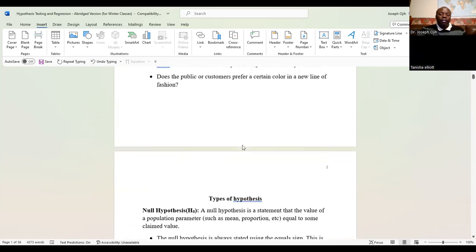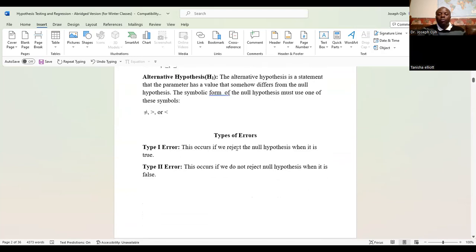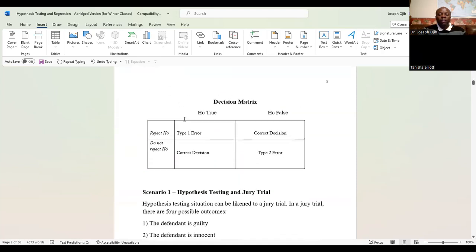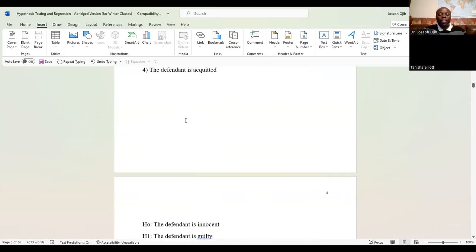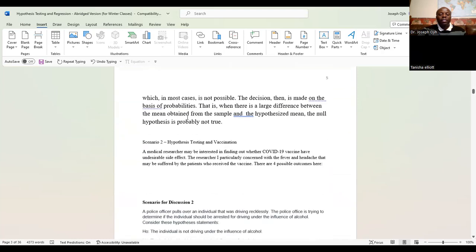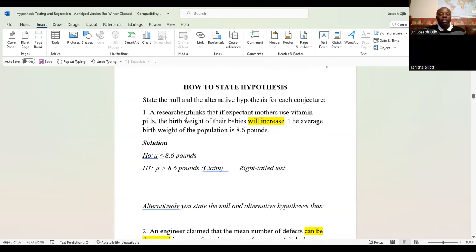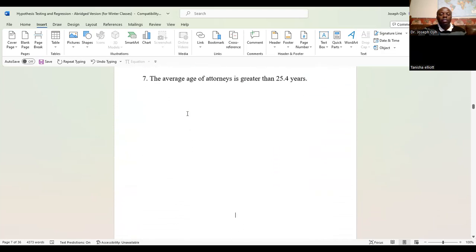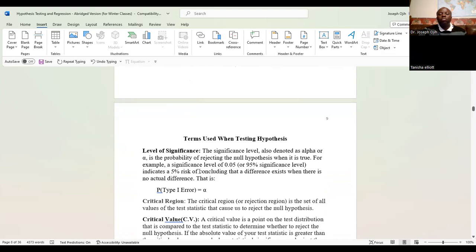As a matter of fact, when we are doing types of errors, type 1 error has to do with the significance level. The significance level simply means the probability of committing a type 1 error. You can see right here.